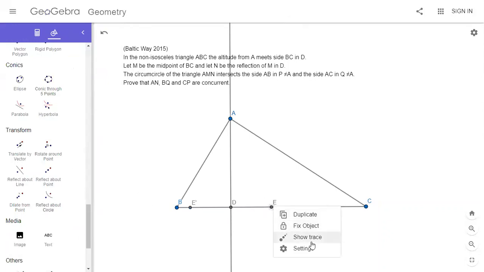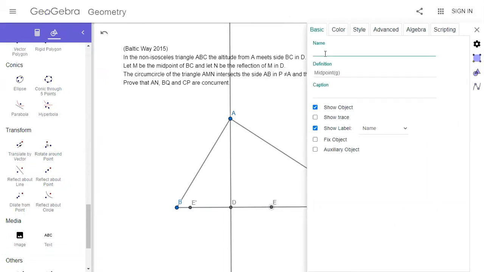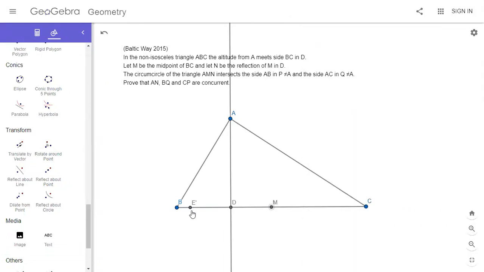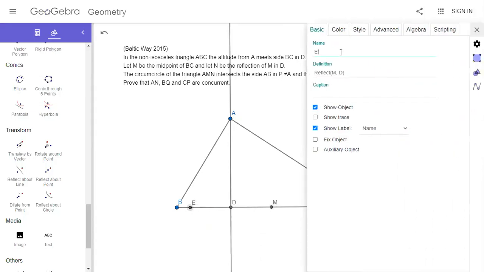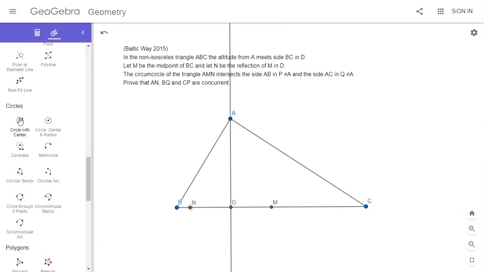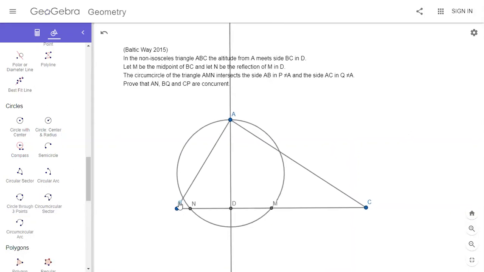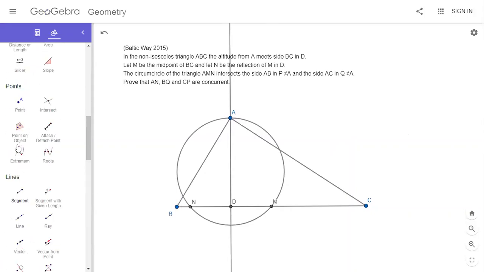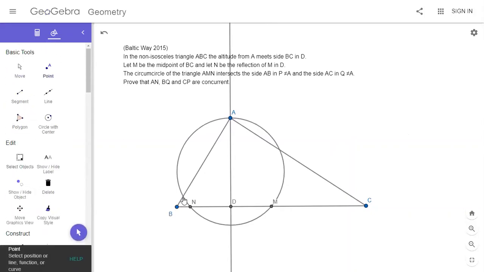Okay, so this is M, this is N. Then we draw the circumcircle of AMN, and it intersects AB at P and AC at Q. So we have kind of a Ceva's theorem here.